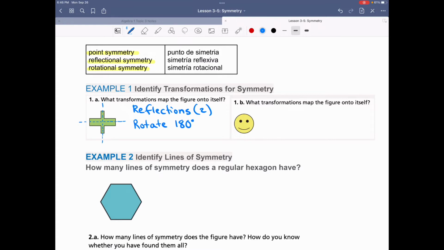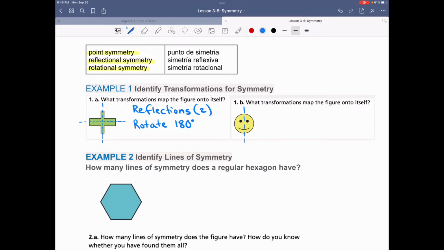For 1b, the same question, what transformations map the figure onto itself? And we have a line of symmetry. So there's only one line of symmetry that works. And if you were to rotate it 180 degrees, it would be upside down.